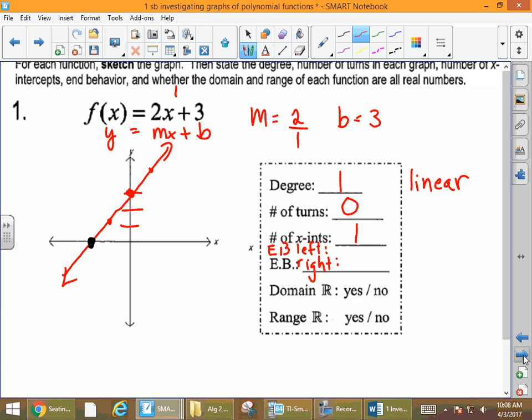When we look at this, the end behavior from the left, what direction is our graph going over here on the left? It's going downward. And so when we describe that, what we can say here is that our end behavior to the left is going to be negative infinity, because we're going to go down, down, down.